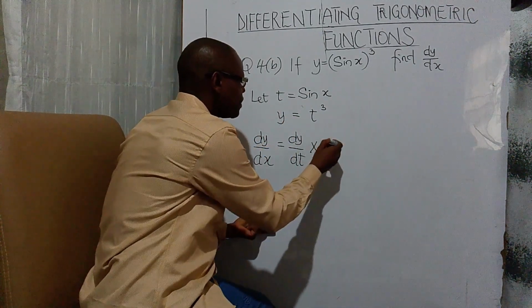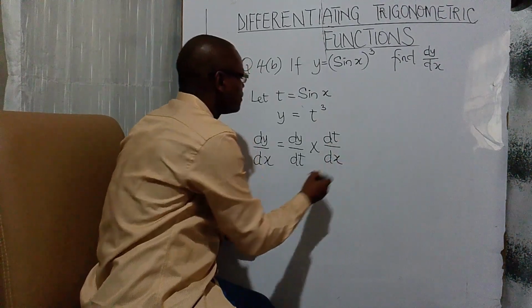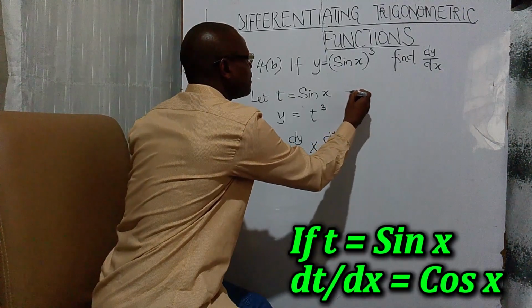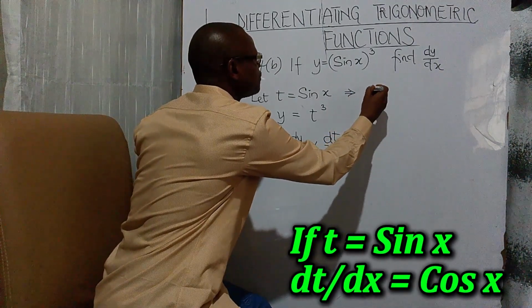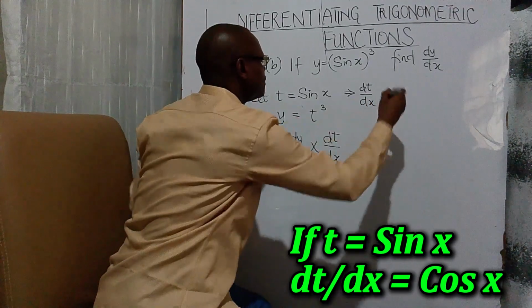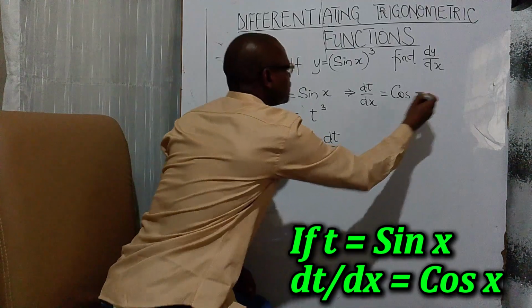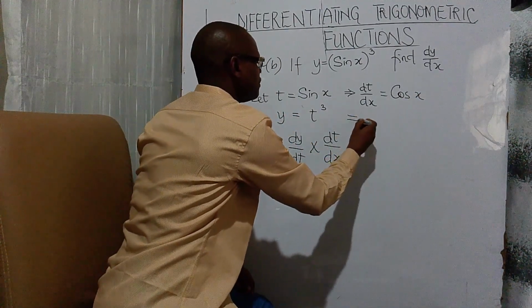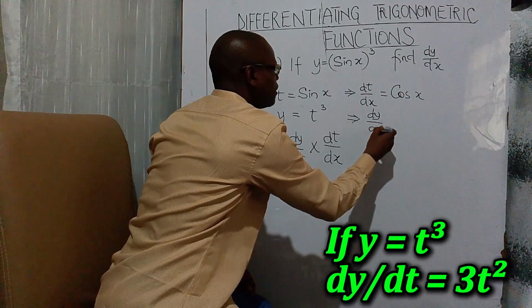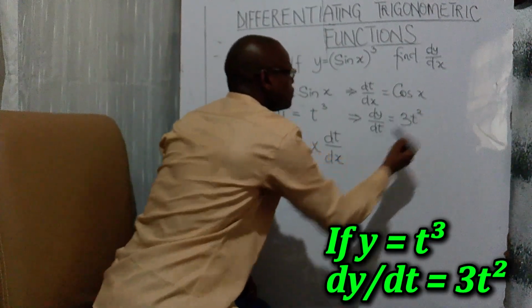We'll multiply these. So dt dx will give us cos x, and dy dt will give us 3t raised to power 2.